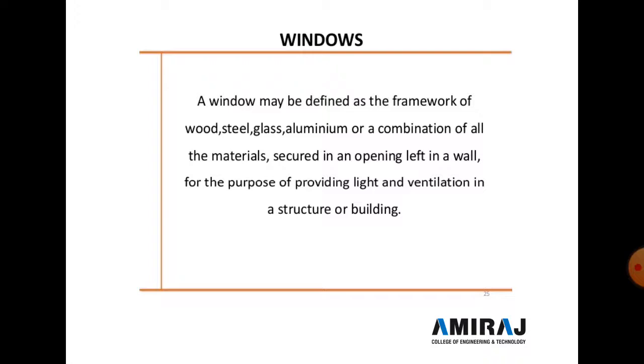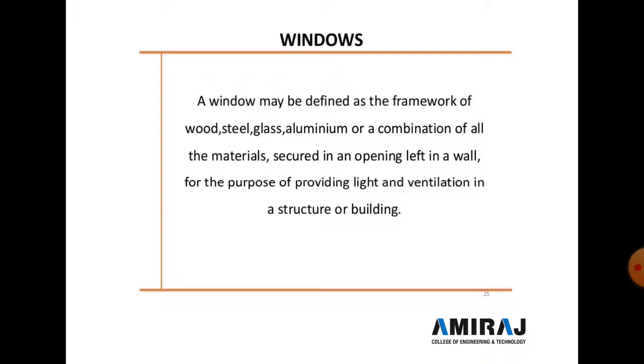Here a window is generally made of wood and glass, and in ancient times a window was generally made of wood. No other material was used in a window. Nowadays we generally use steel, aluminum, glass, and a combination of all the materials.